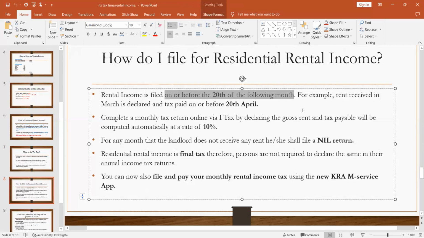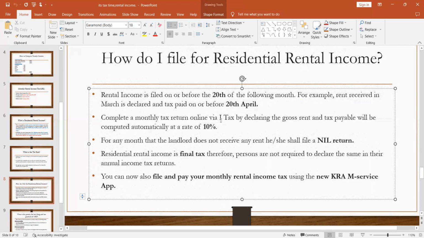For example, rent received in March is declared and paid on or before the 20th of April. This procedure is supposed to recur on a monthly basis. Where the 20th falls on a holiday or a weekend, then you pay on a date before the weekend or before the holiday. So complete a monthly tax return online.